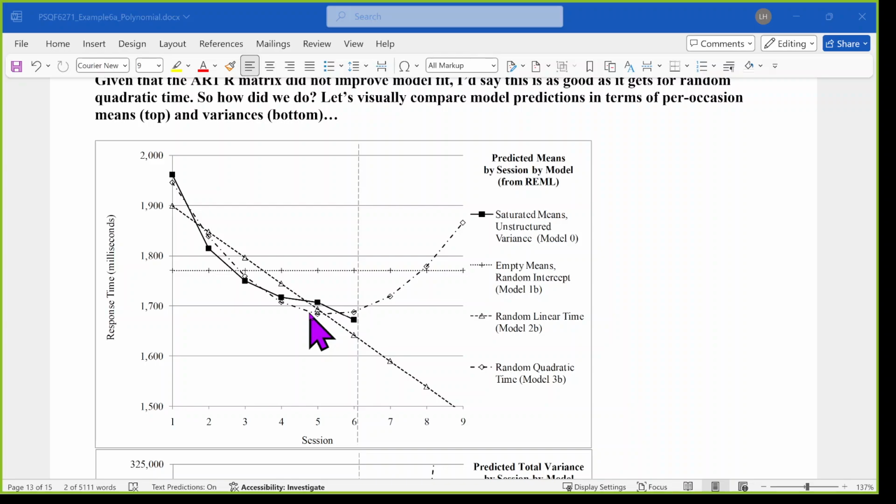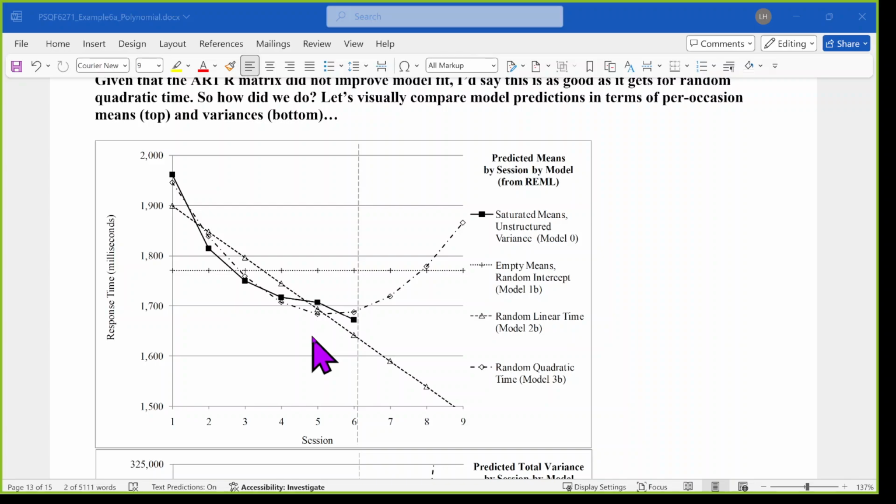So what we don't yet know is, in an absolute sense, how well this quadratic function fits those means. Like, I made a picture. Now, can I use a likelihood ratio test to answer that question? Shaking heads. My question is, how well does the fixed quadratic part of this model reproduce the saturated means?